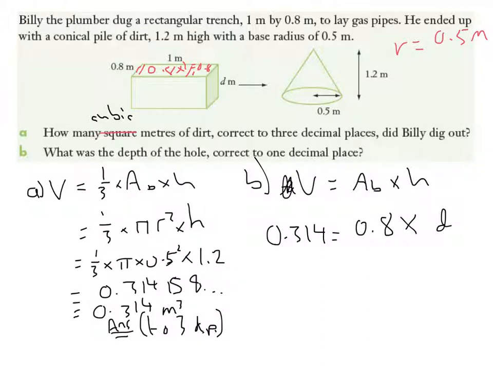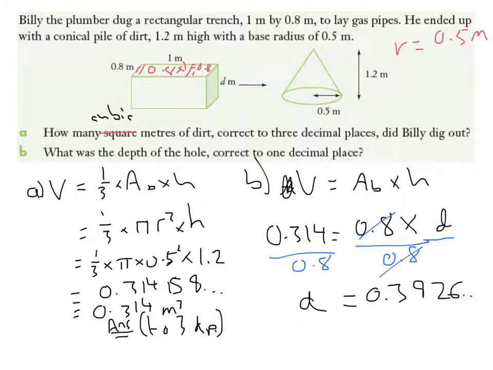So if I use my calculator answer, I would divide both sides of this equation by 0.8. Bang, bang. And then on my calculator, I'd have my answer from before divided by 0.8, and my answer would be D is equal to 0.3926, blah, blah, blah.